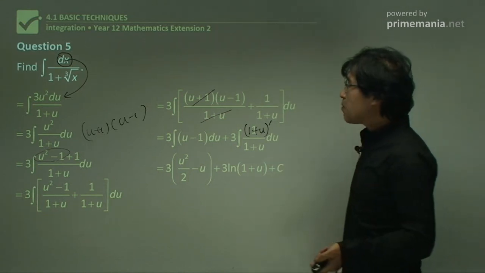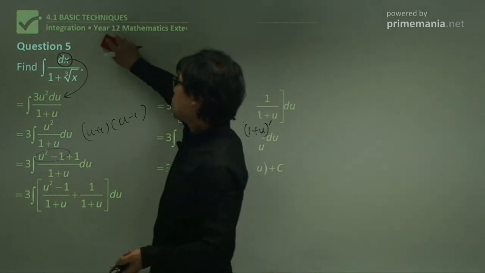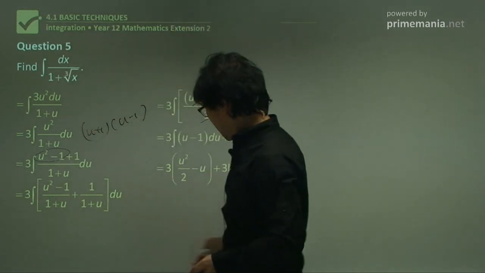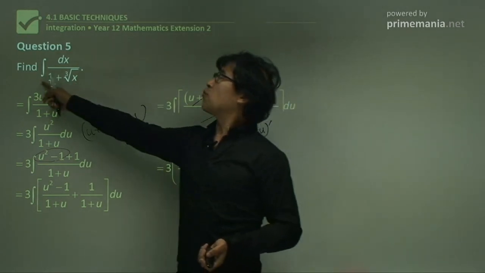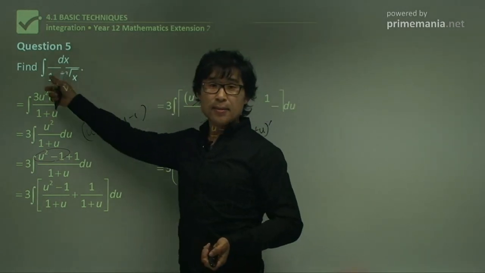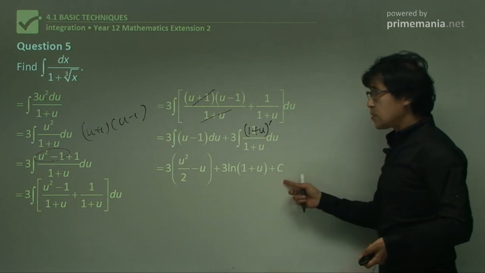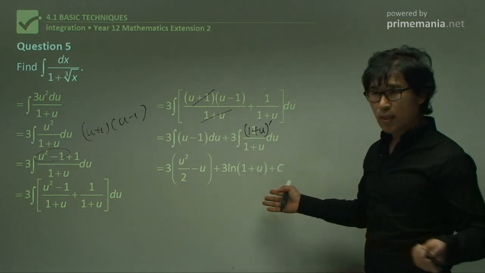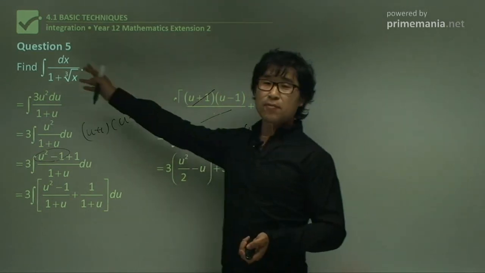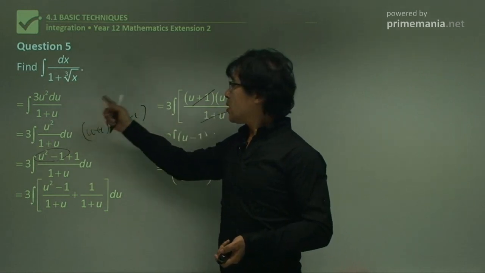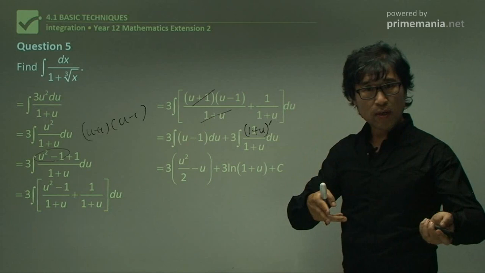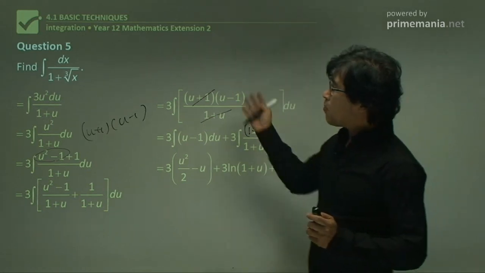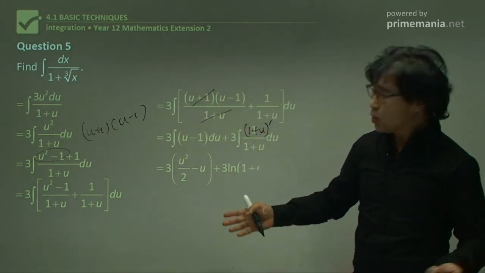So just make sure you write your answer to satisfy the question. The question was written in terms of the letter x, but the answer is written in terms of u. There's no indication this is the answer for this one. The u is introduced by ourselves, so the marker does not know what u is.